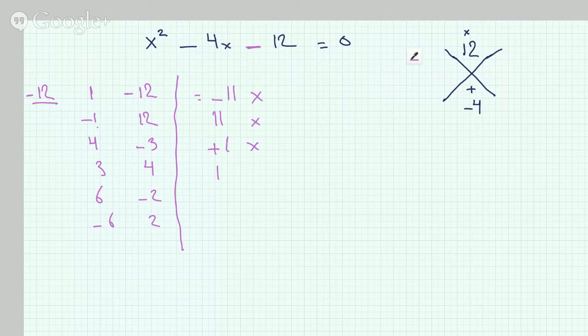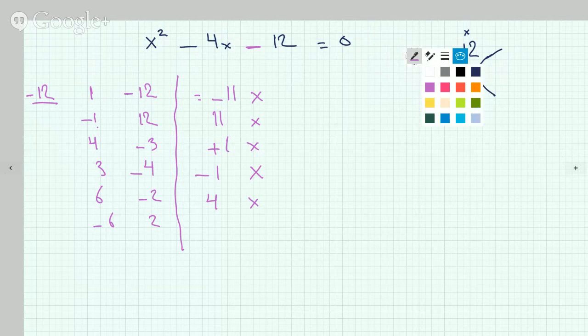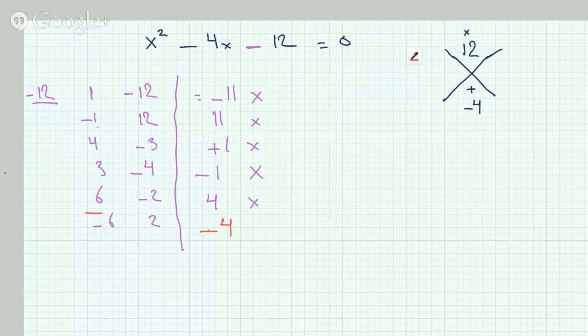Minus 1, no good. 4, no good. And minus 4, bingo. So the last one adds up to minus 4. Therefore, my pair has to be the minus 6 and the 2.